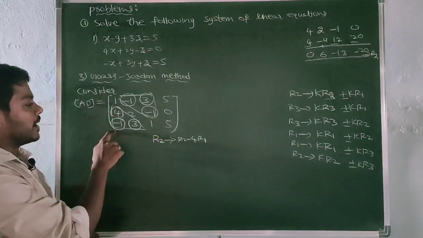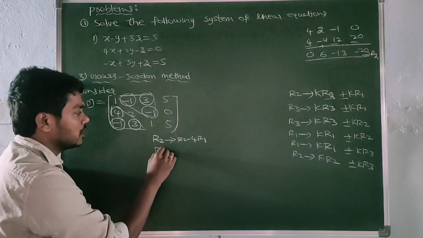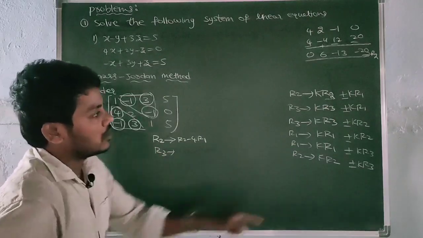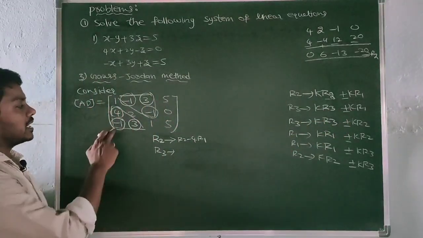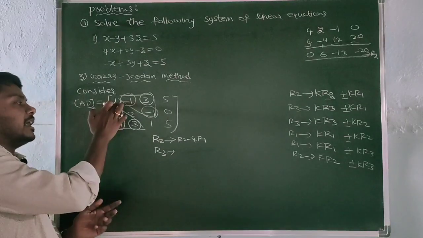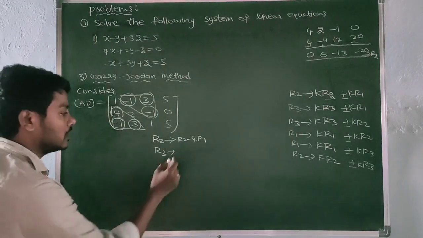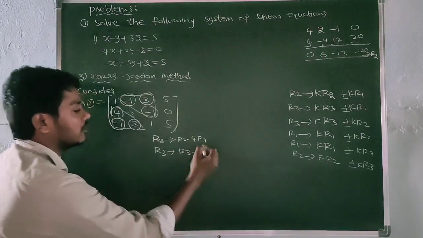Next we have to make this minus 1 as 0. For this we have to use which row? R3 and R1. Once you observe R3 and R1, here minus 1, here 1. So simply add R1 and R3. That is R3 plus R1.